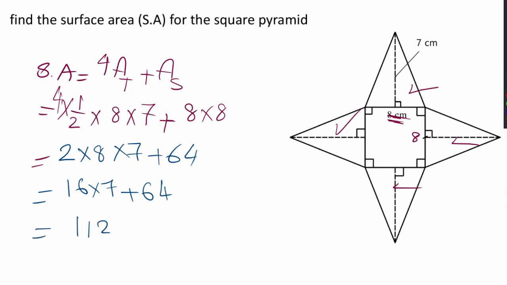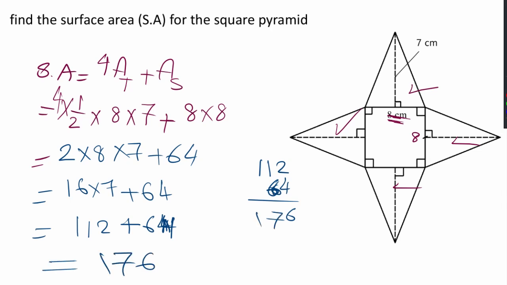Take your time and check it. 64. 112 plus 64. 2 plus 4 is 6. 6 plus 1 is 7. So the final answer is 176 centimeter square.